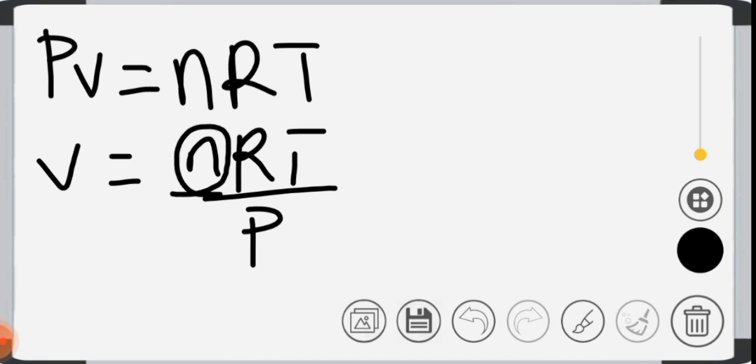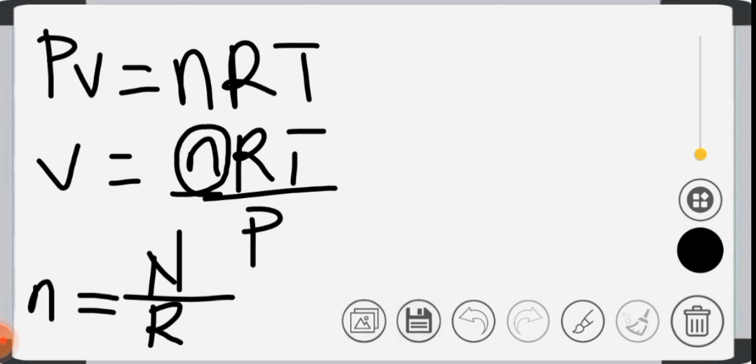What can we get? We can get number of moles, because number of moles is number of particles divided by Avogadro's number, which is Na. Number of moles is number of particles divided by Avogadro's number, and Avogadro's number is number of particles divided over number of moles.